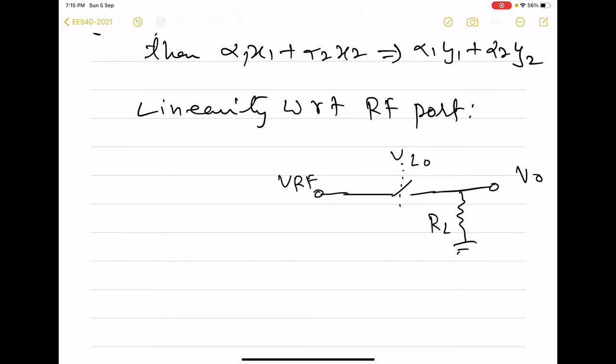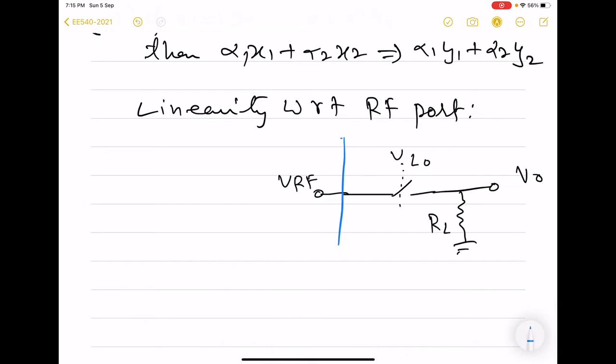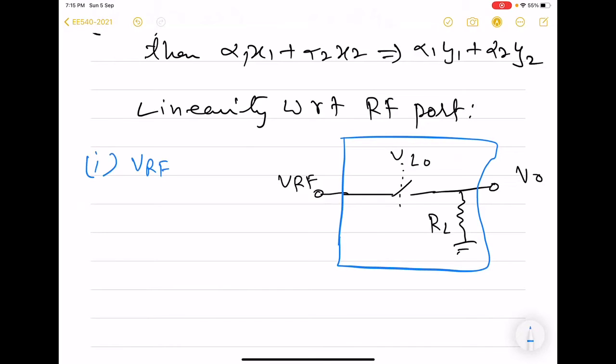And now we will assume that we have a box like this, where only these two RF and LO ports are visible. So now let us see what happens when VRF is equal to 0.